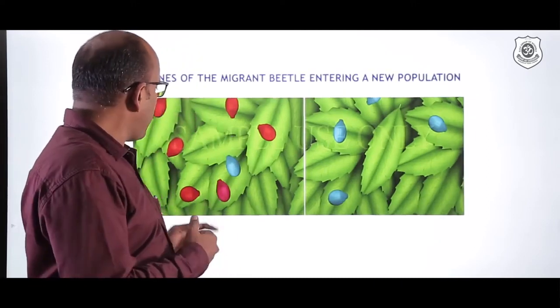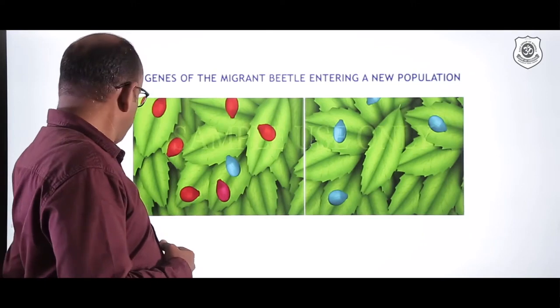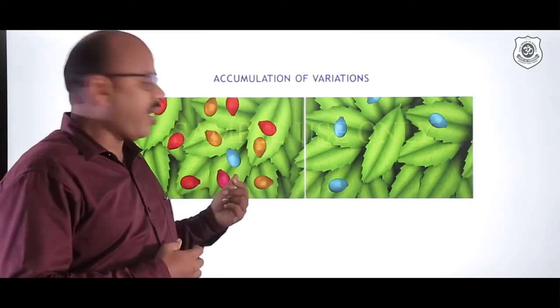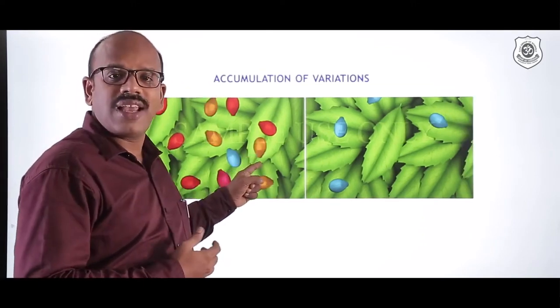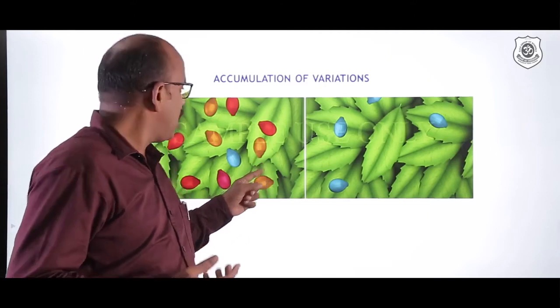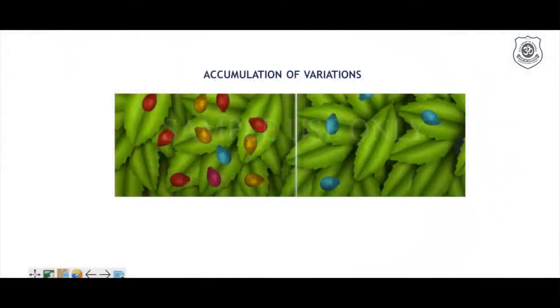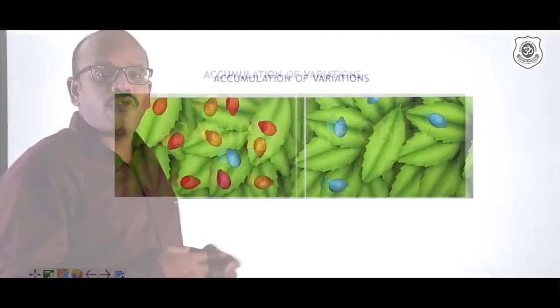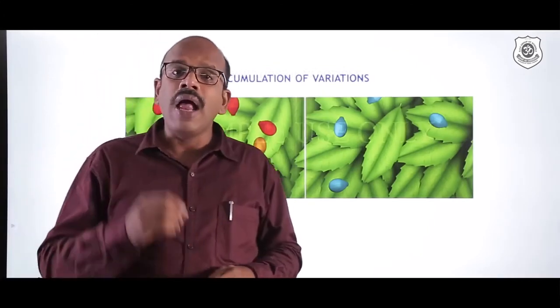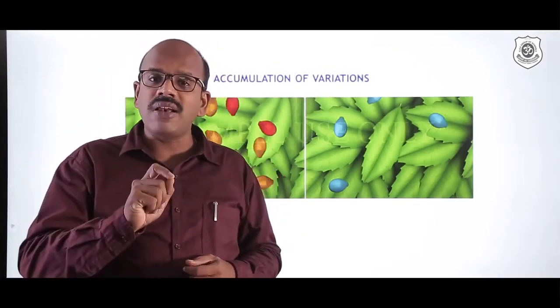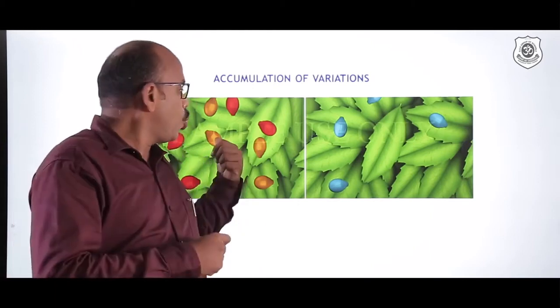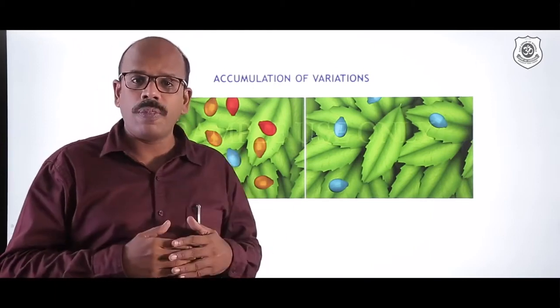And when such variation occurs, we may get a new color. See, it is very fantastic, isn't it? We have seen red and blue many times, but only this time we are seeing a golden color beetle. Yes, there is a chance for the formation of a beetle like this. Now, this beetle color is only a new variation that we have seen now.